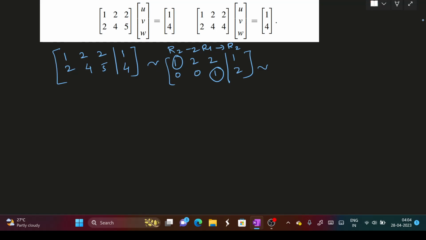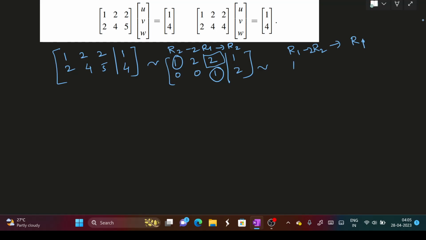But here there exists a non-zero value. This is a non-zero value. To make it 0, what should you do? R1 minus 2R2, because the pivot is in this second row, that's why I am doing this, stored in R1.